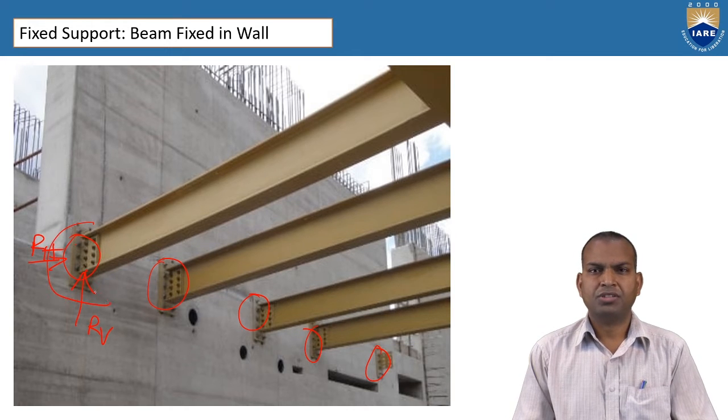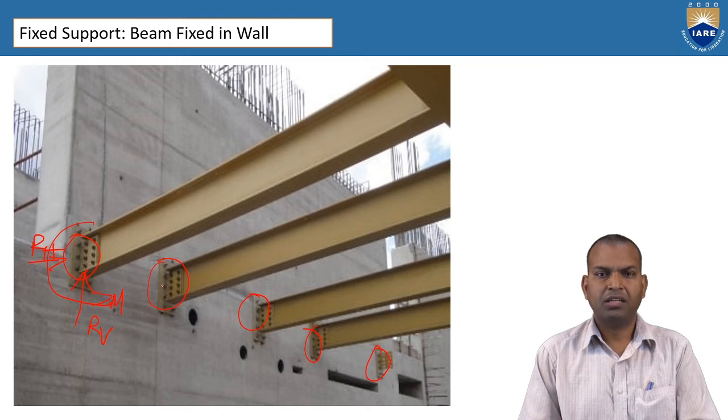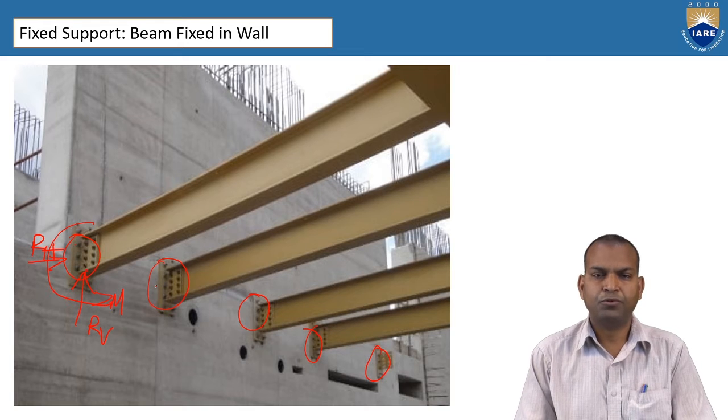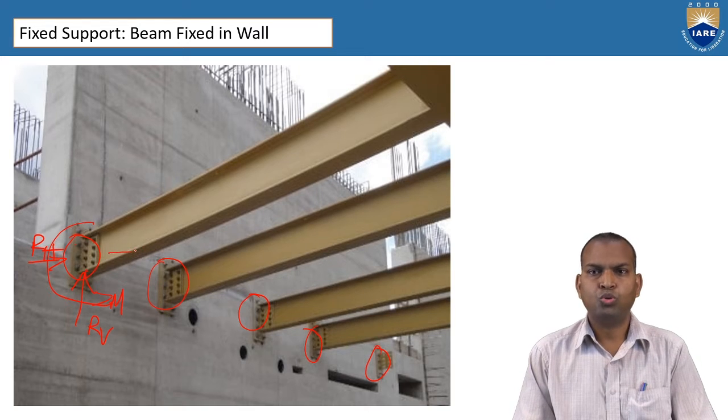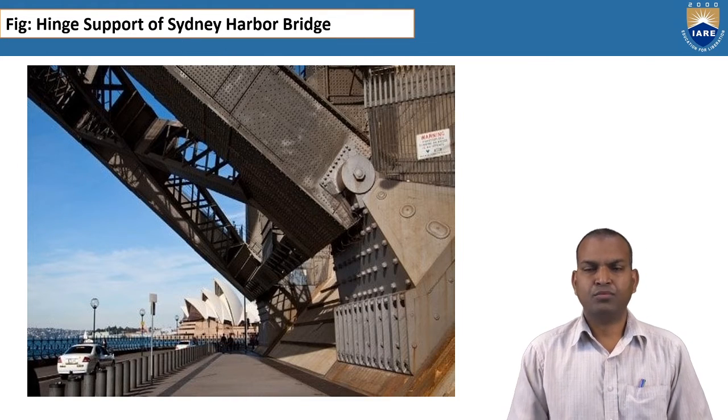There will be another reaction, that is the moment reaction. Similarly, we always have to consider these while calculating shear force and bending moment. These reactions are very useful in order to find out the variation of shear force and bending moment throughout the span of the beam.